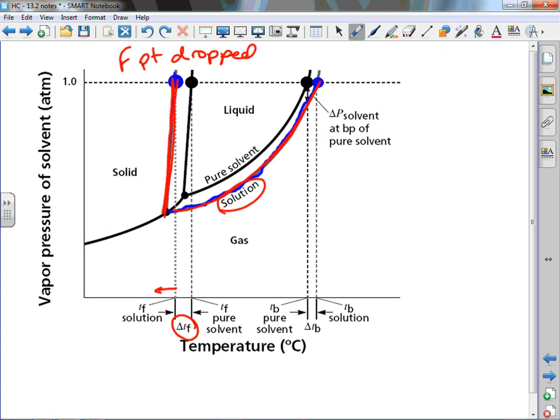Here becomes the new phase line between liquid and gas, water vapor. Now if you notice down here, the temperature at which the solution boils is now greater than what it was. So the boiling point increases or goes up.